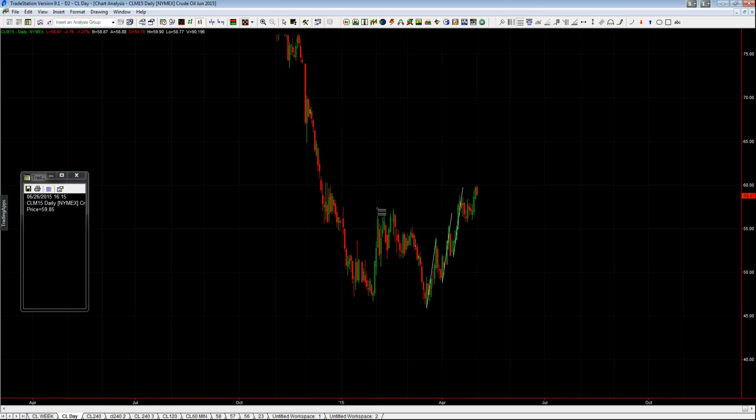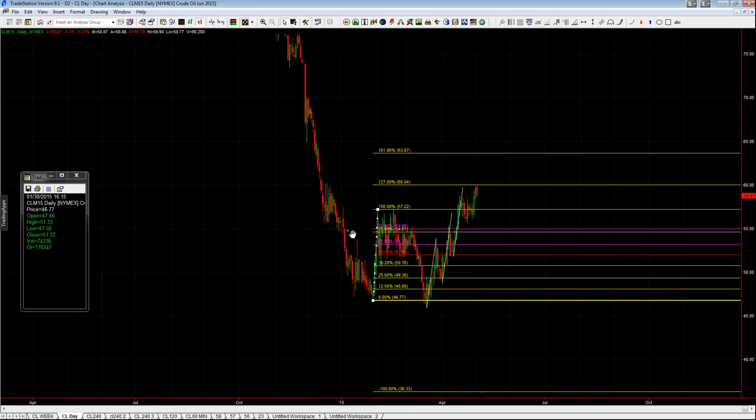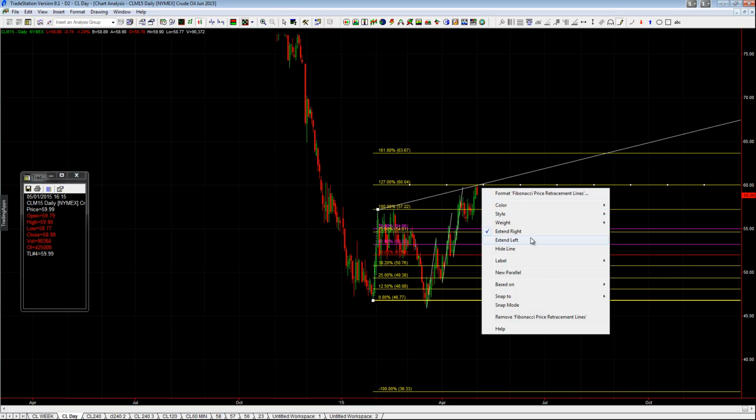From this first swing up, the first impulse leg, we will see that the top here is a 127 extension, or yesterday's high, I should say. It's a 127 extension of that.